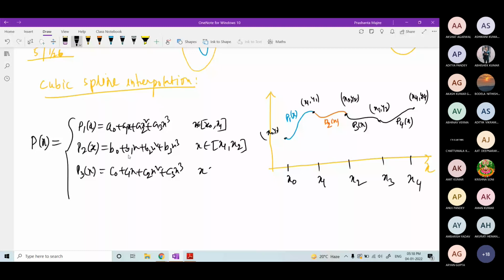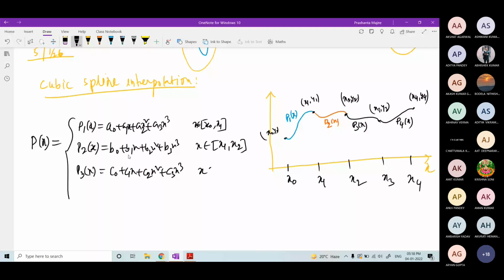So for 5 data points, how many unknowns are you getting? 16. That is (5 minus 1) into 4, equals 16.